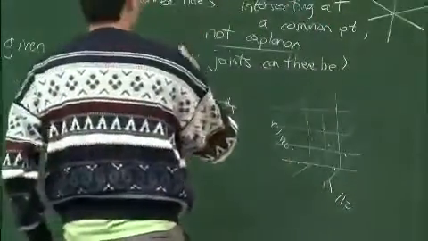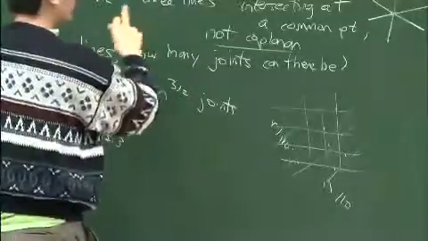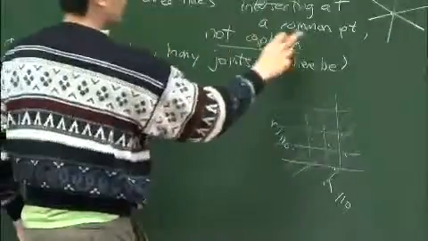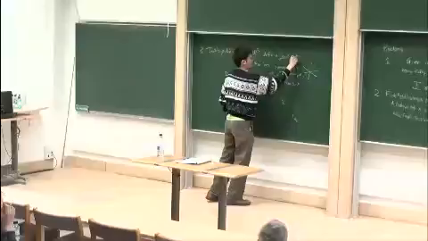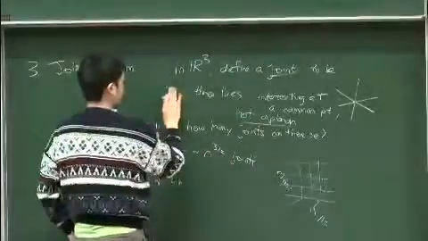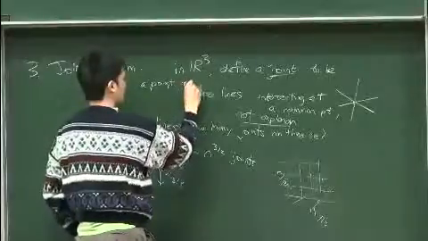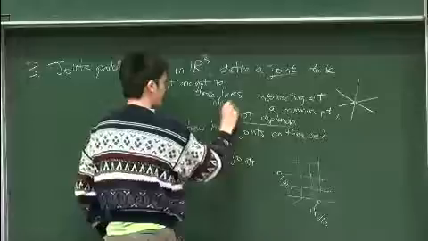Actually, I think I didn't quite state this correctly. I'm sorry. A joint is actually not the 3 lines. A joint is the common point. Sorry, this is not correct. A joint is a point incident to 3 non-coplanar lines.